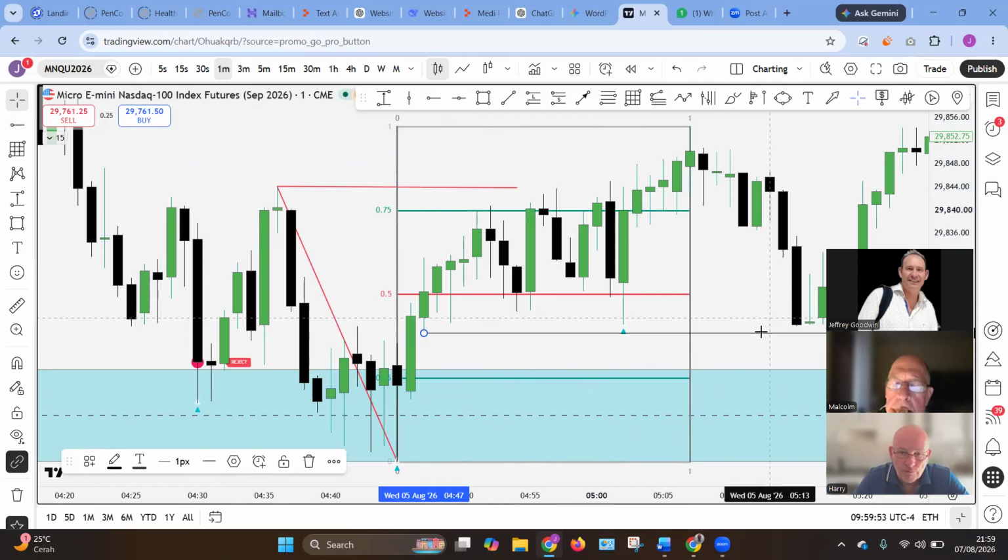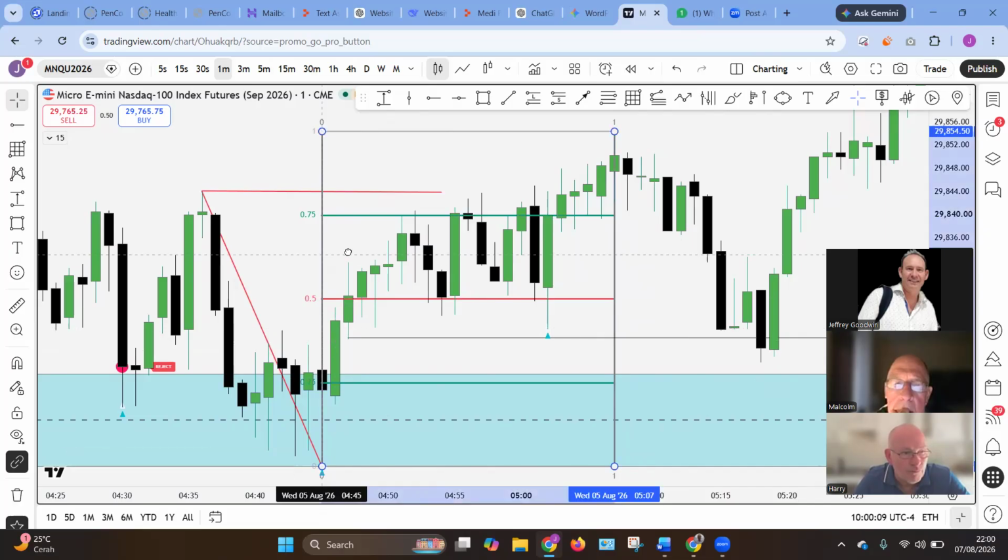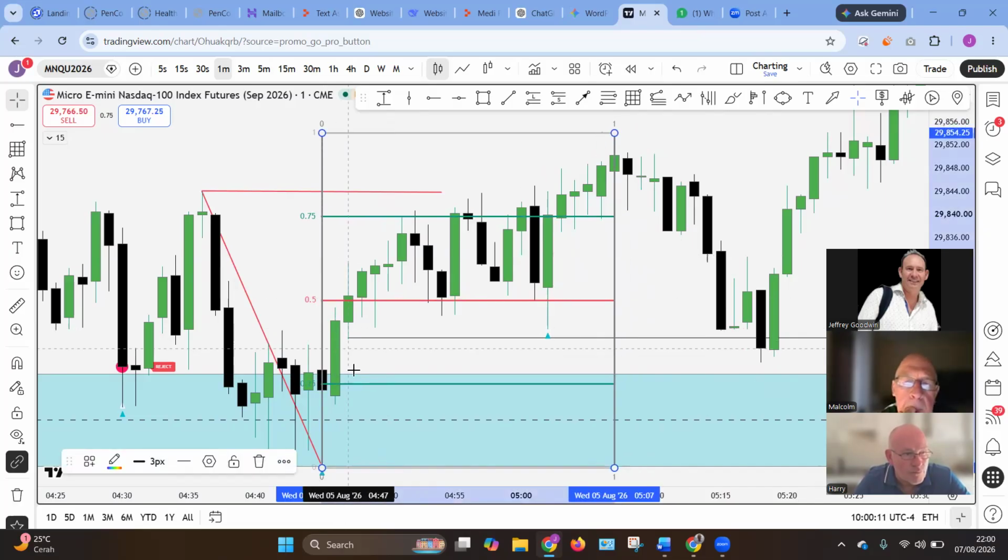Looks like it might have failed, that FVG there. Ah, I hit it. It went into the FVG. Do you see that? This FVG here, Malcolm? There was a gap right there. It went into it.